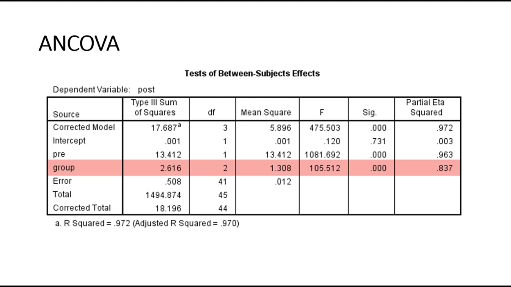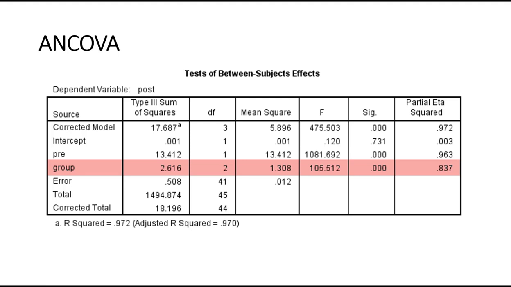The dependent variable we're interested in is post-intervention cholesterol concentration, and the results show this result after intervention adjusted for cholesterol concentrations before intervention. The overall result is highlighted in pink here. The significance column of this row provides the overall statistical significance value, or the p-value.